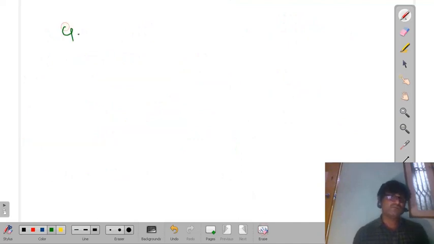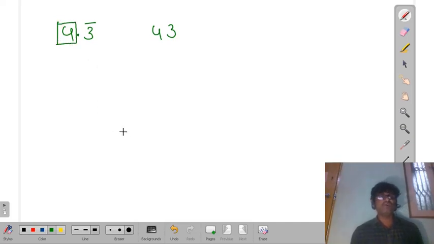Suppose we have 4.3 bar. We need to convert this into fractional form. How to do this? Simply write 43. Then observe the number which is not under the bar. We have 4.